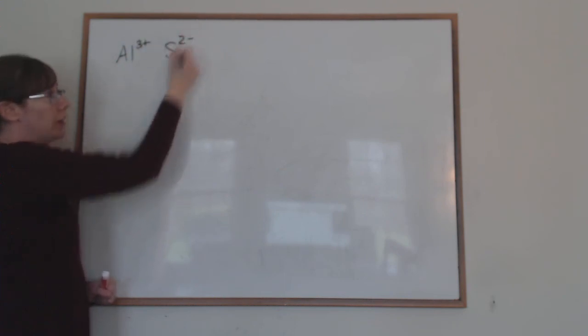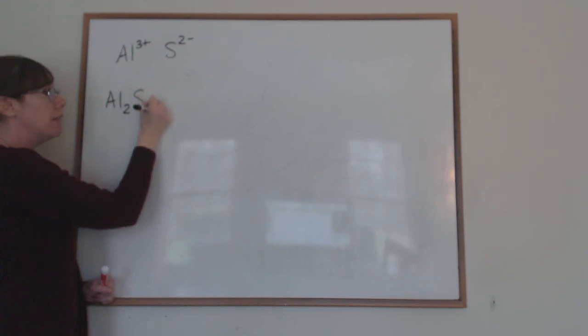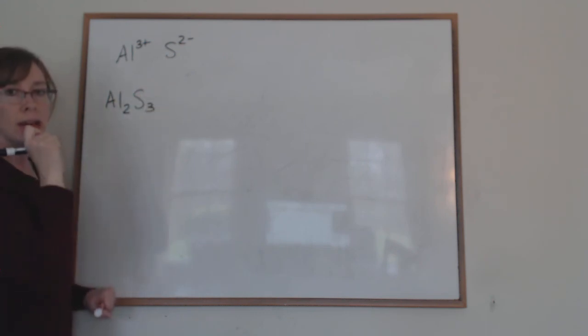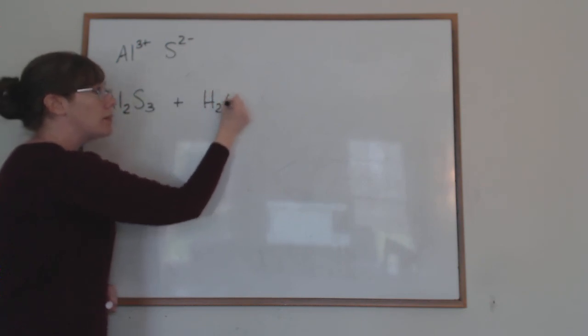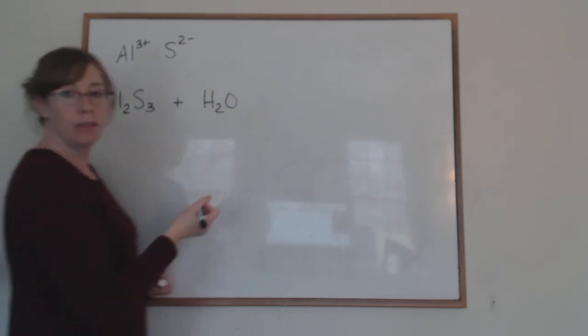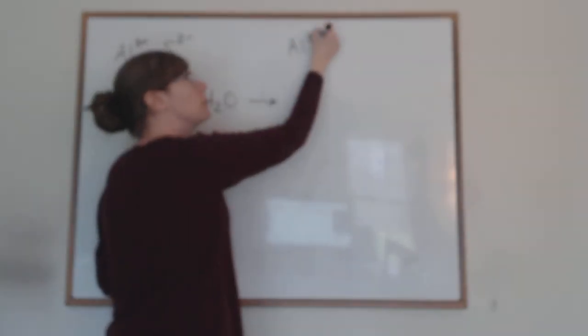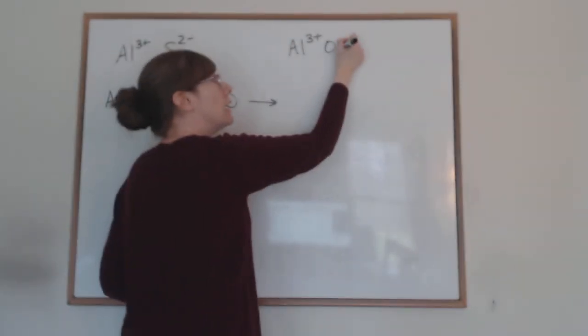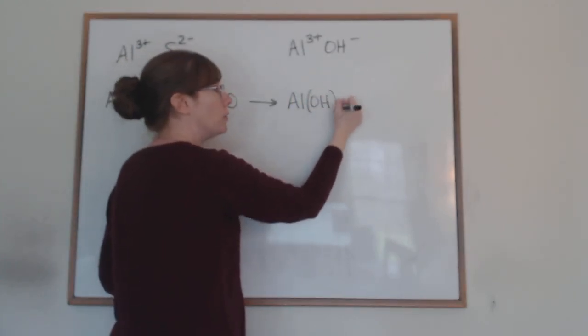Sulfide is just the sulfur anion. So to get something neutral, we will have this formula. Reacts with water. Okay, it's not telling me any phase label, so that means I don't have to put it in there. To form aluminum hydroxide. Aluminum is the 3+ cation. Hydroxide we know is a polyatomic ion, so that would be its formula.